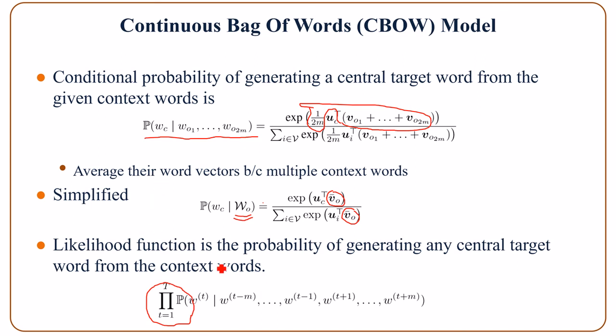And this is the probability that each word in the sequence is the central target word, and we have M words before and M words after as the context words.